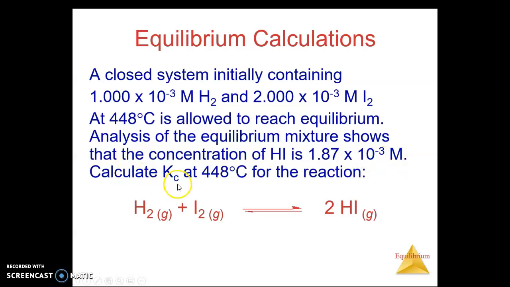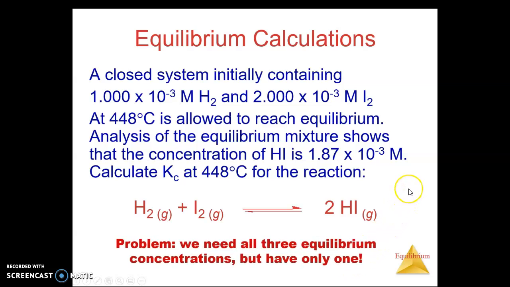What's Kc for this reaction? In other words, you know the initial of this and this. You know the equilibrium concentration of the HI, but you've got to figure out the equilibrium concentration of hydrogen and iodine. Now, we have a special tool for that, and I'll show you that here in a minute.